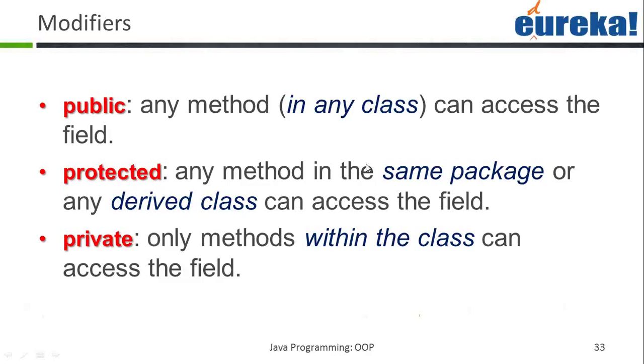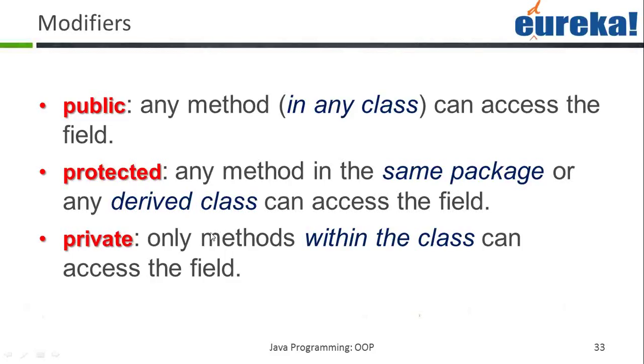Then we have the various modifiers. So these are the class modifiers. So any method inside any class can access this field. It applies to all the class, the attributes, and the methods. So here we have any methods in the class can access this field. Then we have the protected modifier, which says any method in the same class or any derived class.